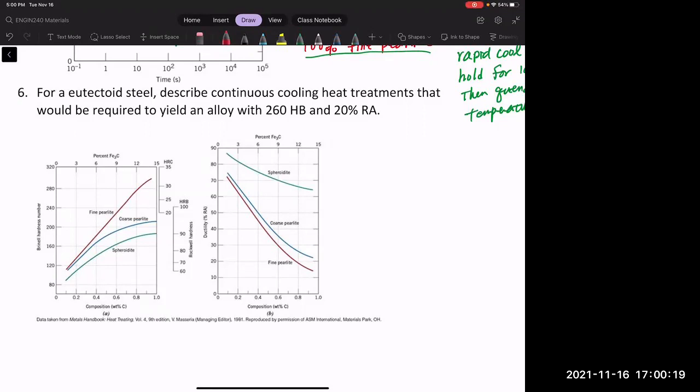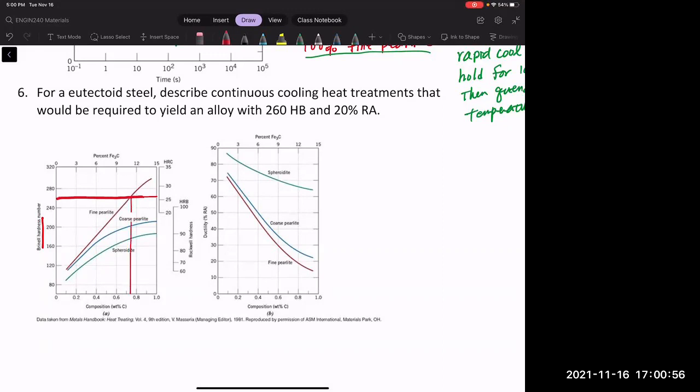The hardness number is 260, which is around here. You draw a horizontal line, and you will see the only way that gives you this is to get the fine pearlite.